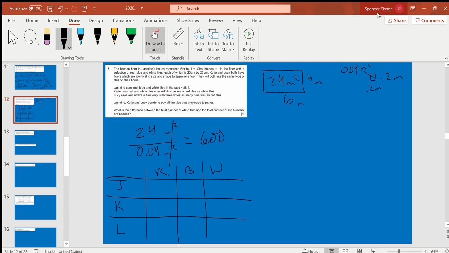It says Jasmine uses red, blue, and white, and these are the tile compositions: 4, 5, to 1. Katie uses red and white tiles only, with half as many red as white. So half as many, so 1 to 2, and no blue. And then Lucy has 3 times as many blue as red, with no white. So these are the ratios of all of the different tiles to each other.